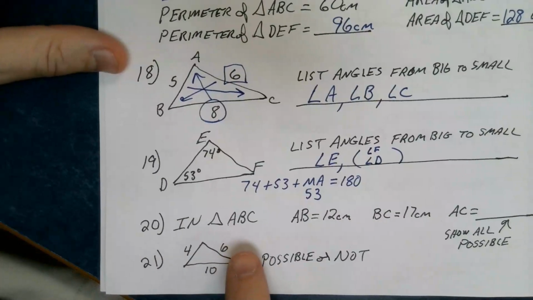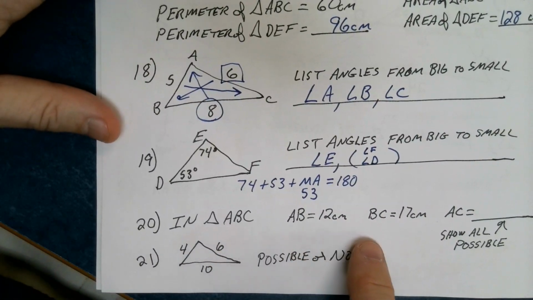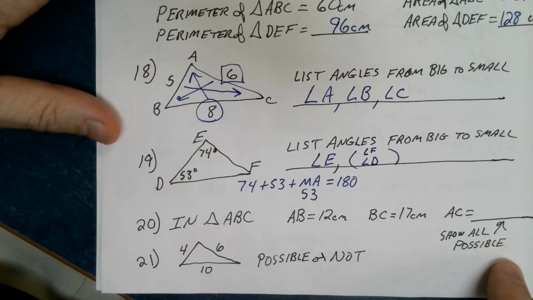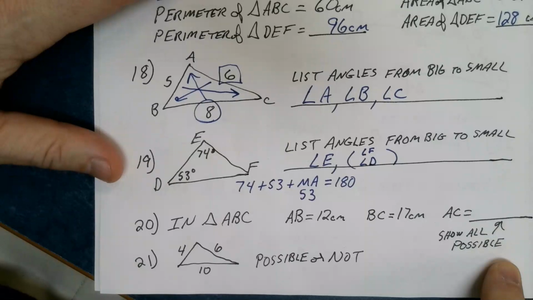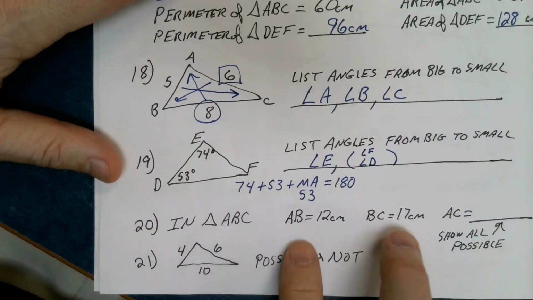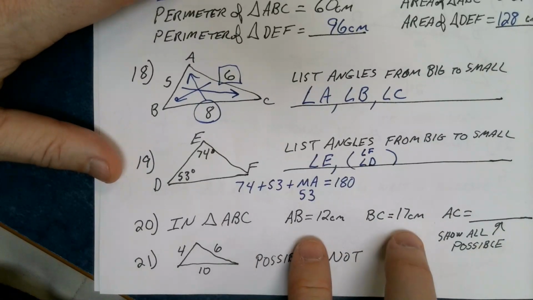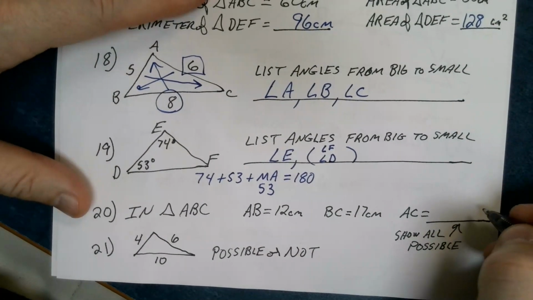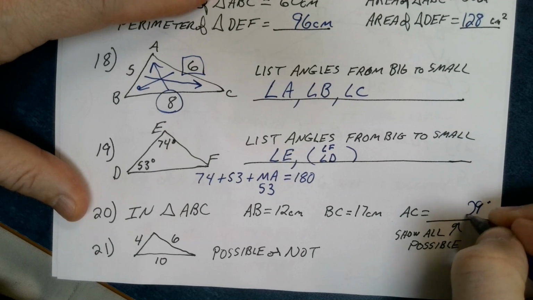Okay, this one says in triangle ABC, AB is equal to 12 and BC is equal to 17. Find AC or show all possibilities for it. Well, we know that the two smaller sides, when added together, can't be smaller than the biggest side, so I know that I have an end goal of 29.